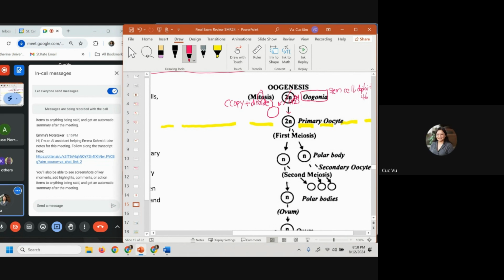Yeah. So this cell is going to have 2N and this cell is going to have 2N. Now, one of those cells stays back and repeats this mitosis process, where the other one differentiates. You remember learning the term differentiates? What does differentiate mean again?